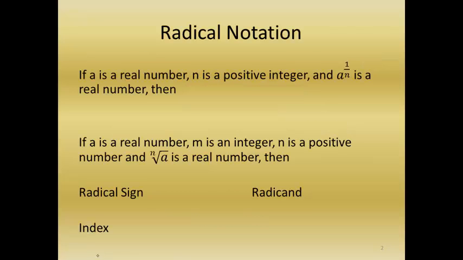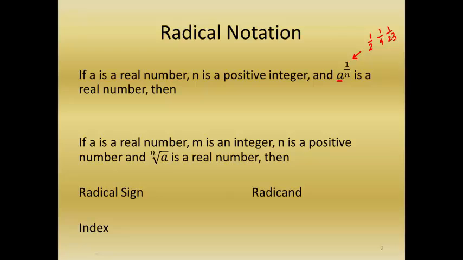Okay, so the radical notation that we're going to be working with, and just kind of the relationship here. If a is a real number, a being our base, and n is a positive integer, so this only applies to positive numbers. Now, n is an integer, so in other words, this could be a 1/2, this could be a 1/4, this could be a 1/23.